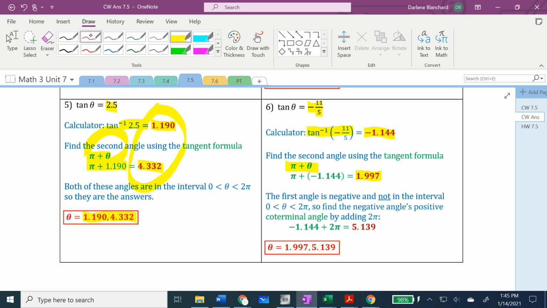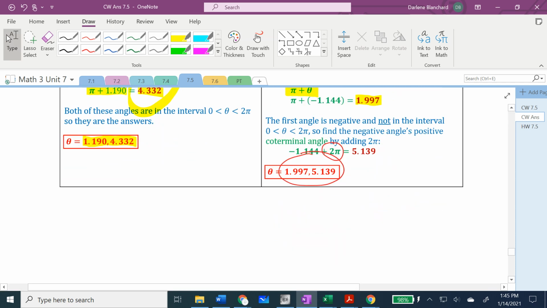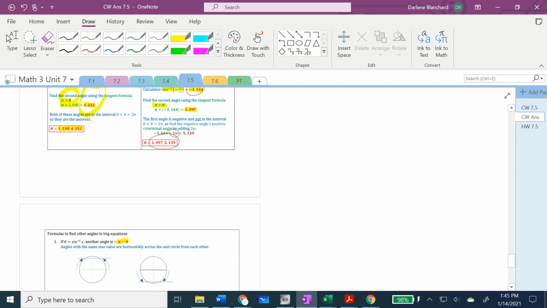But if your calculator gave you a negative angle and you need the positive coterminal angle, add 2 pi to that number, and you'll have your two numbers that are between 0 and 6.28. And I just barely made it before class was over and people started bailing.